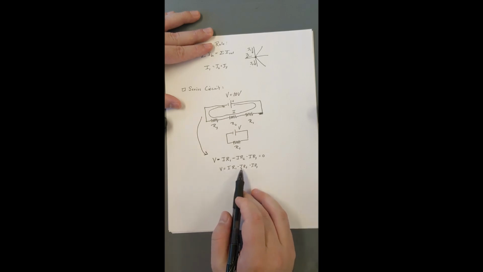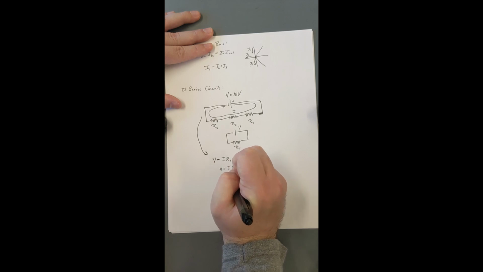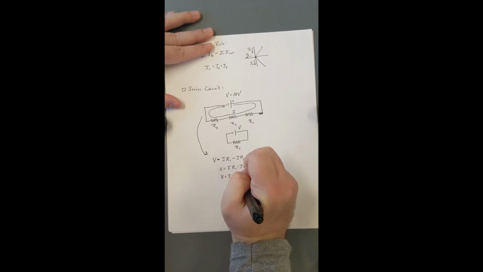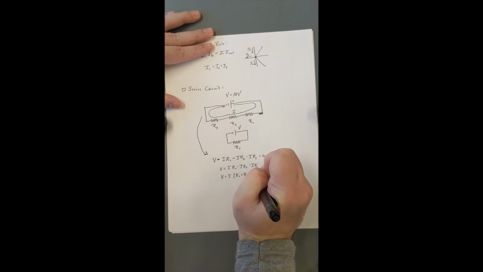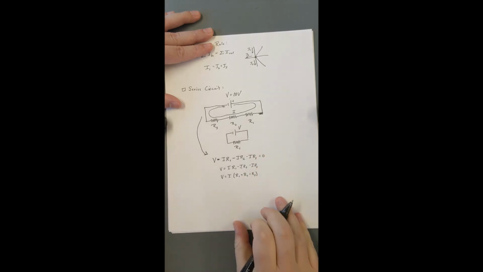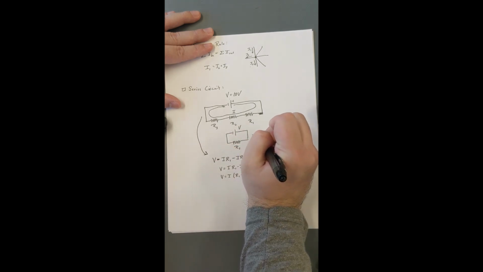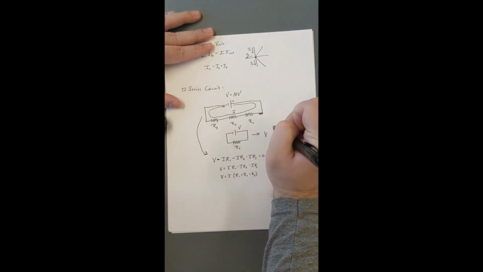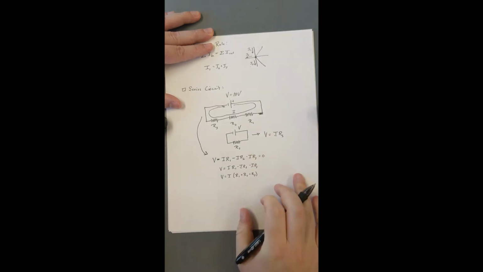And since I is common to all of them, we can factor that out, and we get I times the quantity R1 plus R2 plus R3. From our combined setup here, this will come out to look like this.